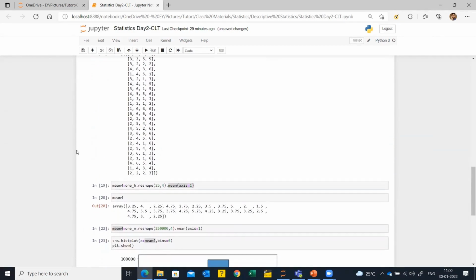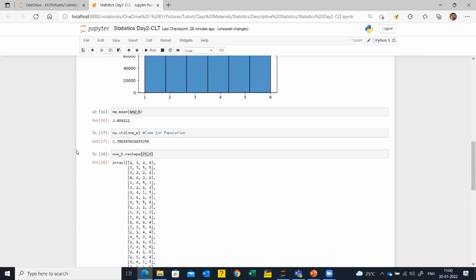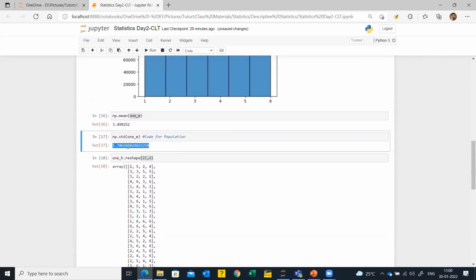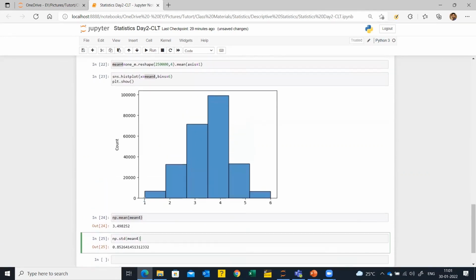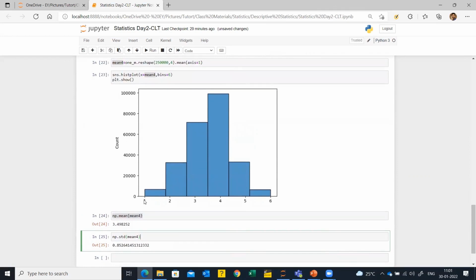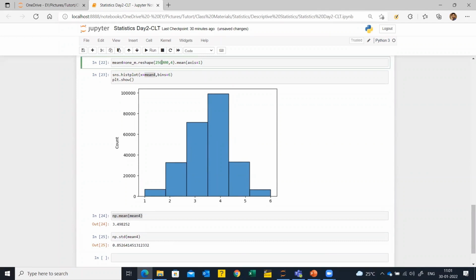Because where is the previous standard deviation? It is 1.70668, and it is less because the standard deviation changed to sigma by root n. What is the n here? Can someone tell me what the n is here? 250,000. Okay, 250,000. Any question?